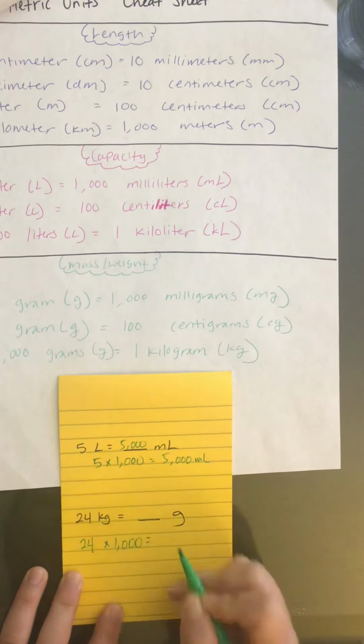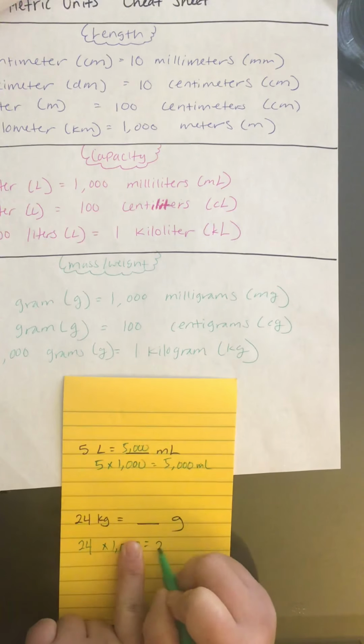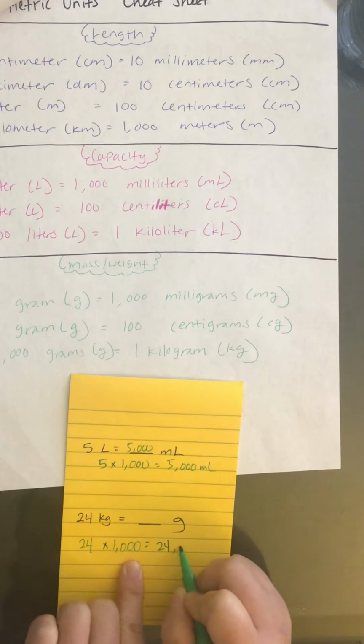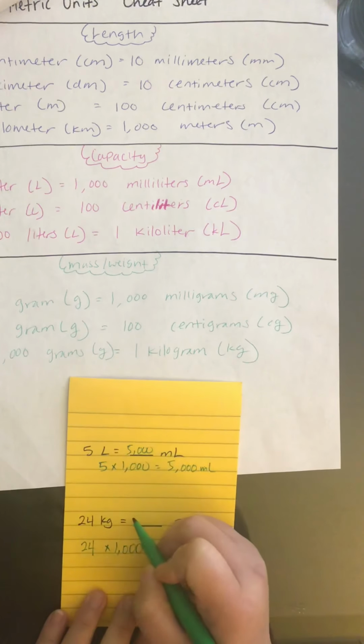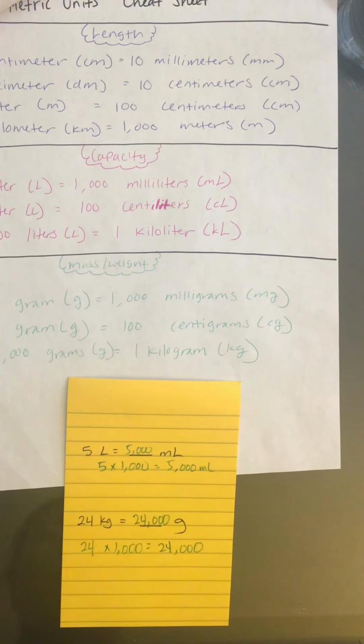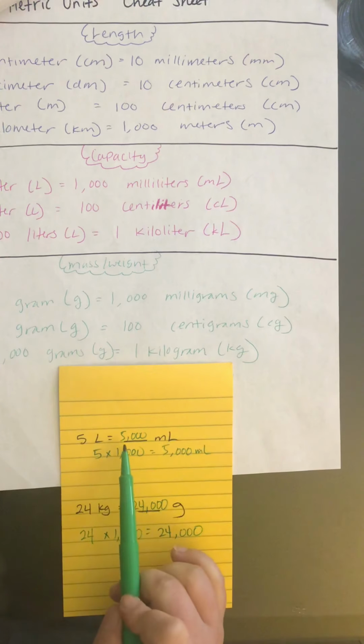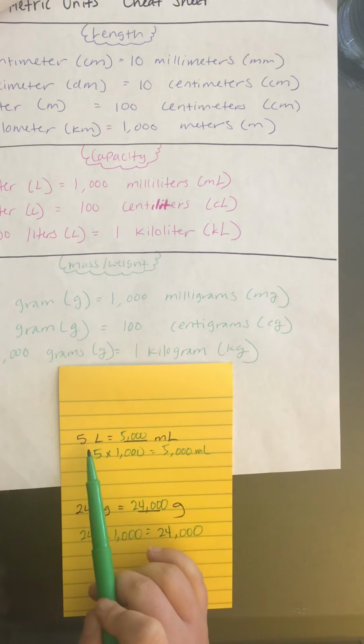And I know when I do 1,000, what I'm going to do is first cover the zeros. 24 times 1 is 24, and I'm going to add my 3 zeros. So 24 kilograms is going to equal 24,000 grams. Hopefully you see a pattern here. Notice how the number of the measured unit is the same.